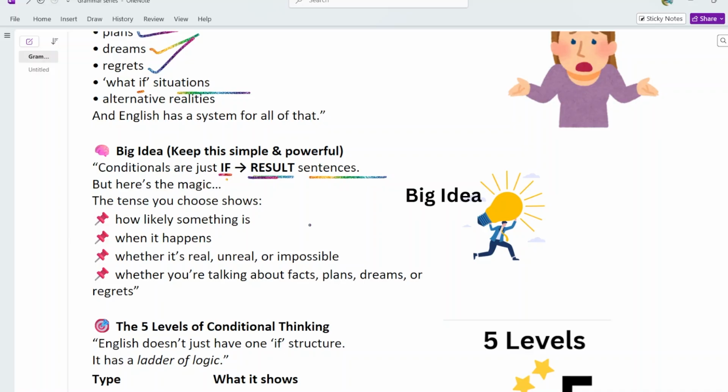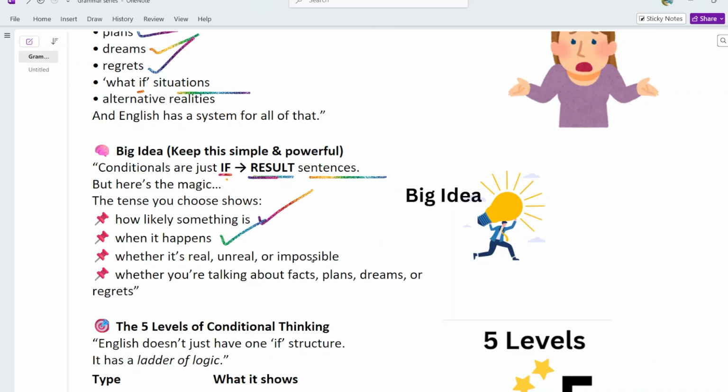It tells the listener, is it real? Any topic that you're talking about, how likely is it to be real? Is it imaginary? Is it possible, or is it impossible, or is it about the past, present, or future time? That is, when does it happen?